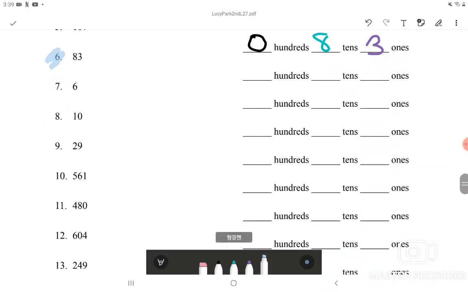And I'll also show you number 7. This is now 1 digit, and that shows that there are no hundreds and no tens. The only thing that they have is ones, and that is 6. No hundreds and no tens. There are 6 ones.